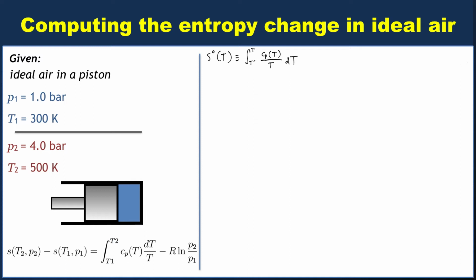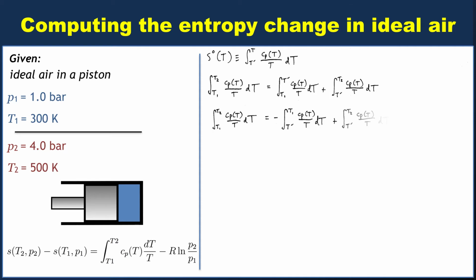Let me show you what I mean. So we're going to pull a calculus trick here, and we're going to separate the integral that we're interested in, the integral from T1 to T2, into two integrals, each of which refers to the reference temperature. So the integral from T1 to T2 of that quantity, you can split into the integral from T1 to T prime, plus the integral from T prime to T2. That is equivalent to the left-hand side, which is the integral that we actually have in our formula.